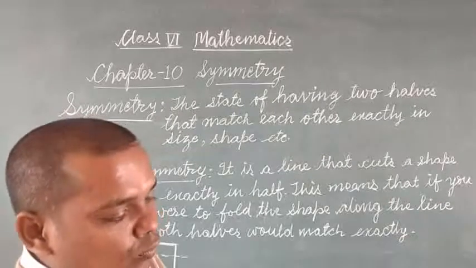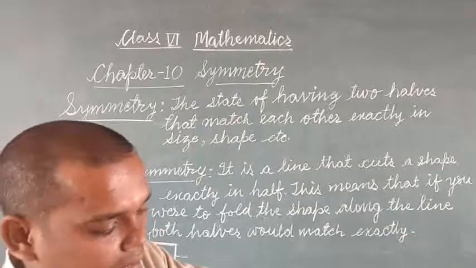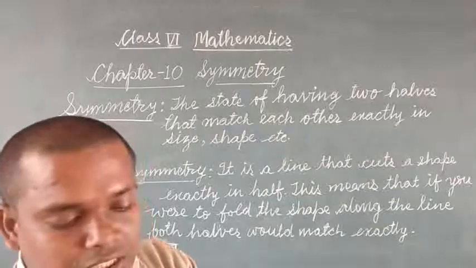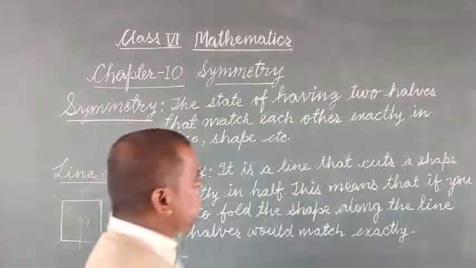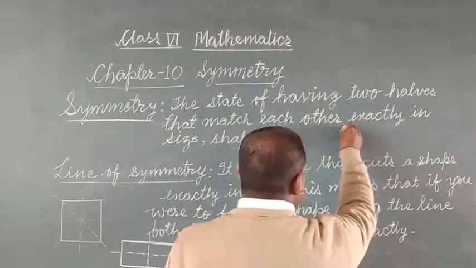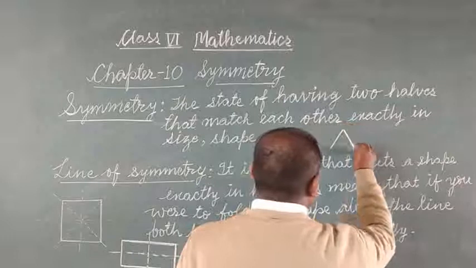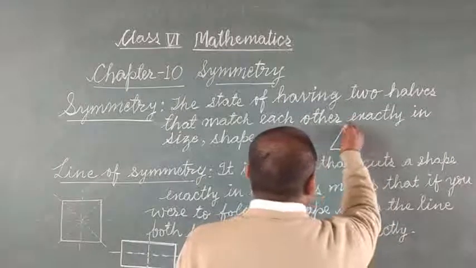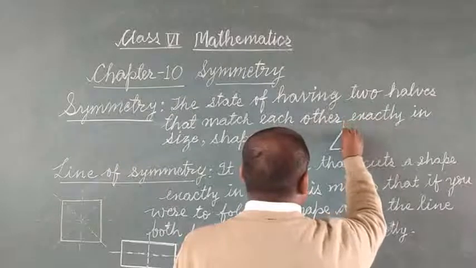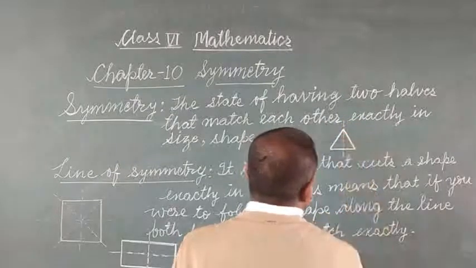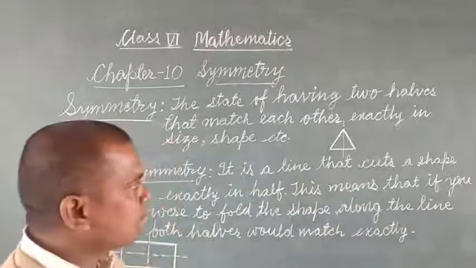But if I am going to fold around this side, there is no line of symmetry. Around this side there is no line of symmetry. So in the case of an isosceles triangle, look at here, there is one line of symmetry.